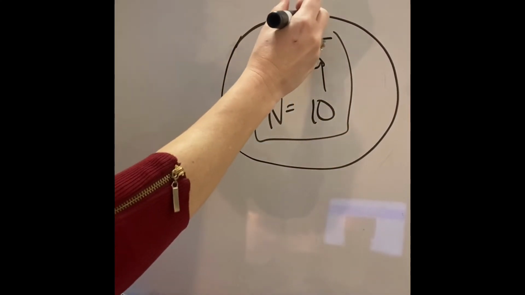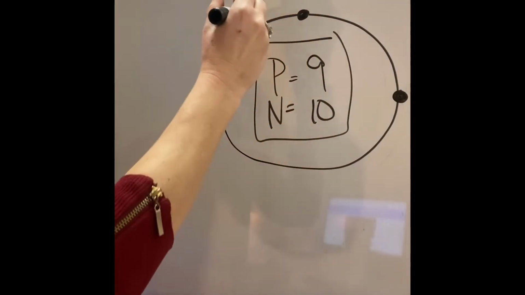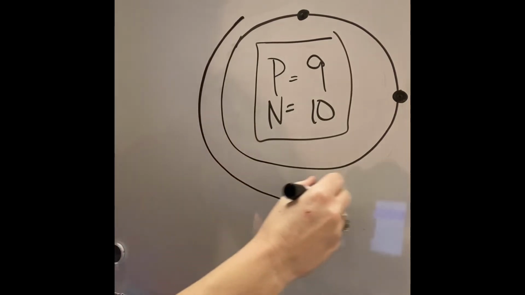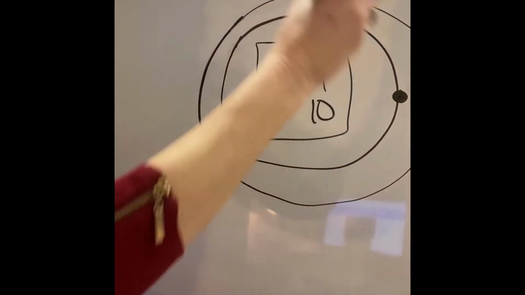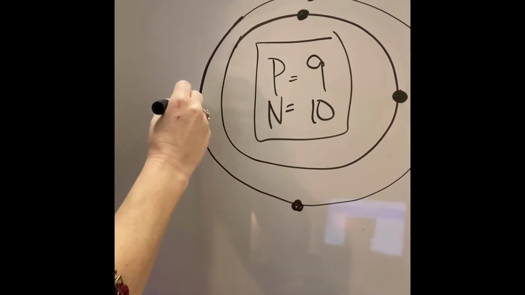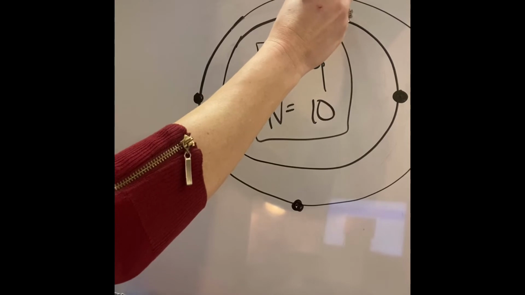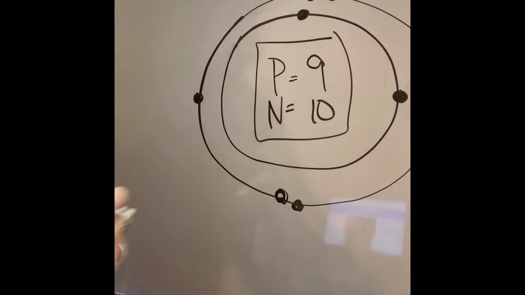Now remember, the inner shell can only hold 2, but we need a total of 9 because it matches the protons. So then the outer shell is going to have the rest. So that's 7: 1, 2, 3, 4, 5, 6, 7. So 7 valence electrons because there's 7 electrons on its outermost ring.